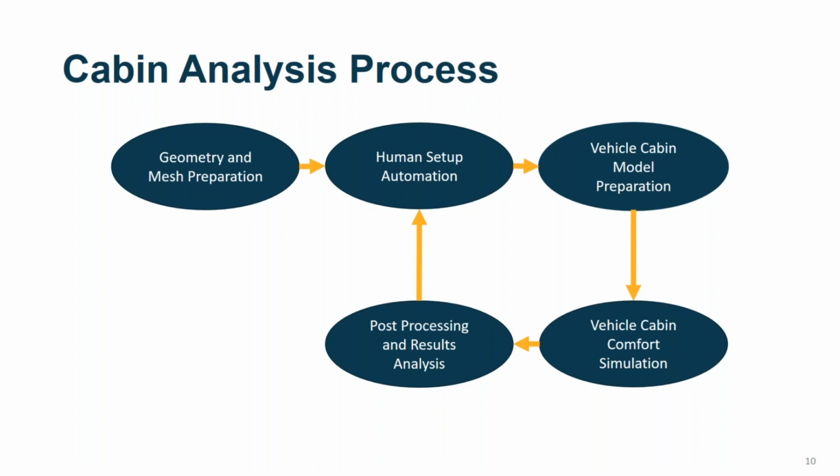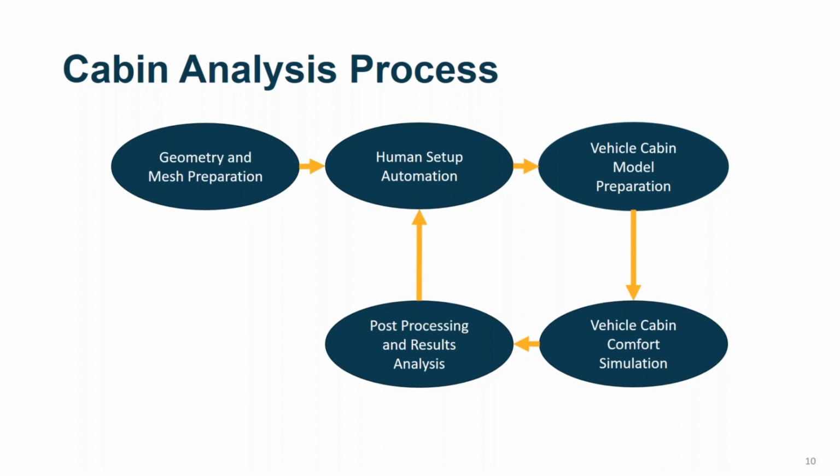So this process could restart with new geometry if needed, as long as it's meshed and prepared with the same boundary conditions and same part IDs and stuff like that. We could adjust geometry if we wanted to. So think vent positions or radiant panel size or something like that. We could change that and continue going through the loop.